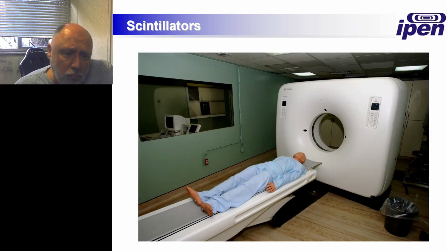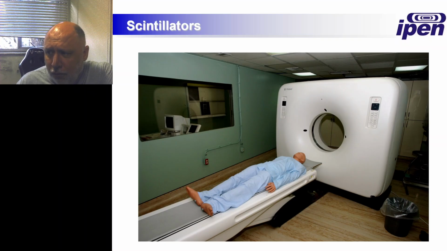But you may know scintillators from, let's say, when you're doing a tomography. In a tomography, you will be exposed to a scintillator. The detectors used in tomographers are scintillators, because you don't require the best energy resolution.